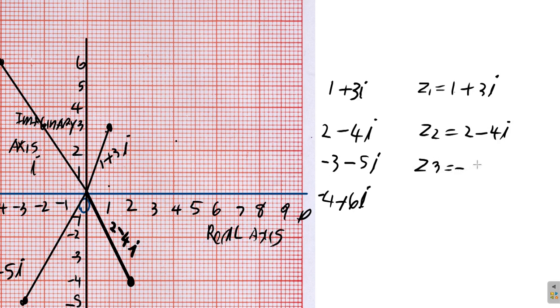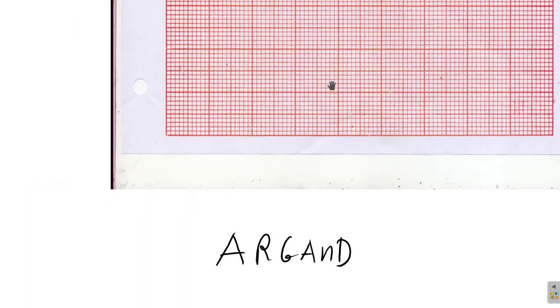Z3 is equal to negative 3 minus 5i. Z4 is equal to negative 4 plus 6i. So if we have more than one complex number and want to represent them, we can name them Z1, Z2, Z3, Z4, and so on, if we have more than 4 complex numbers.